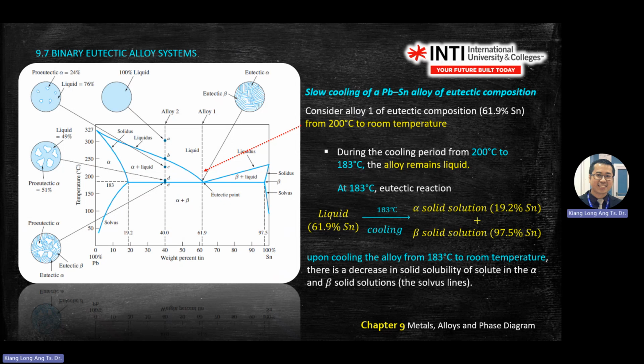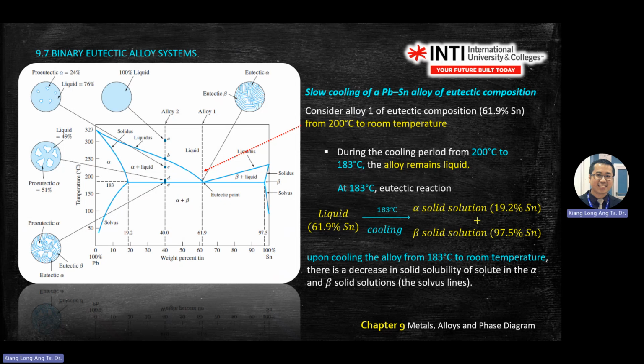So here, upon cooling from 183 to room temperature, there's a decrease in solubility of solute in the alpha and beta solid solution. So this is called solvus line. Solvus line means solubility. Solute means alien atoms. In this case, you only have alpha or beta.